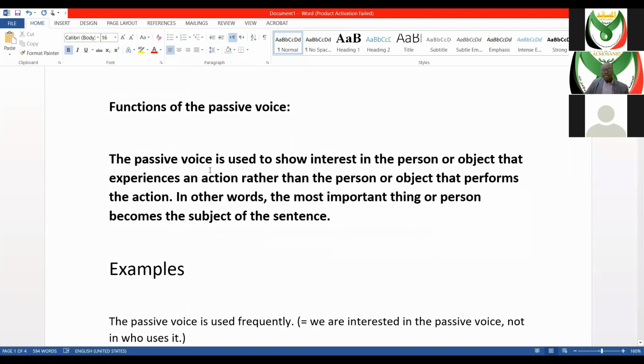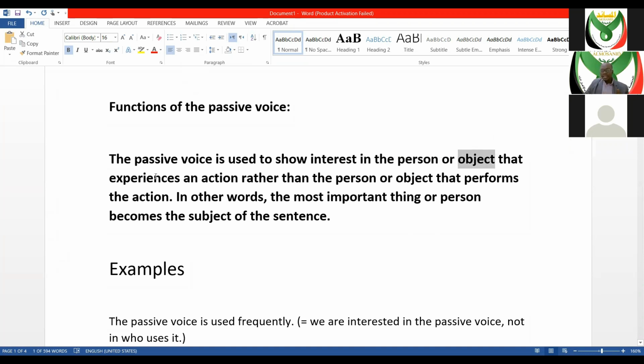The passive voice is used to show interest in the person. The passive voice المبني للمجهول is used to show interest in the person or object that experiences an action. خلينا نقف هنا. To show interest يعني يظهر اهتمام. Okay, يظهر اهتمام في شنو؟ in the person, الشخص or object. الأوبجكت هنا معناه المفعول به.